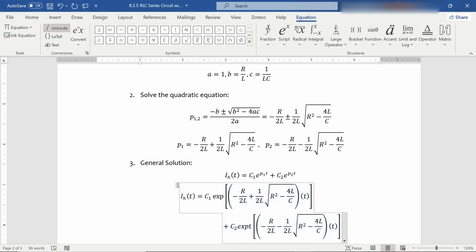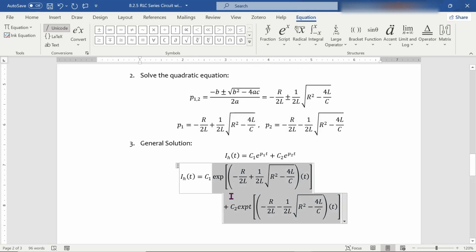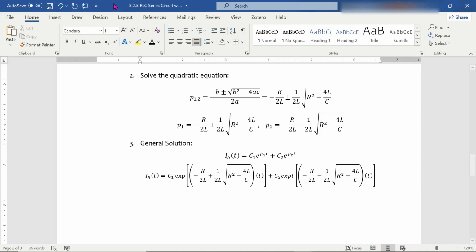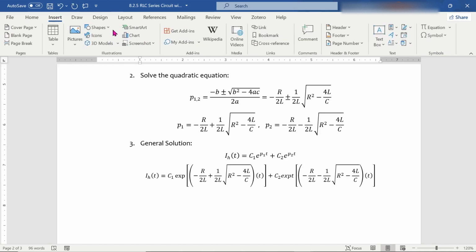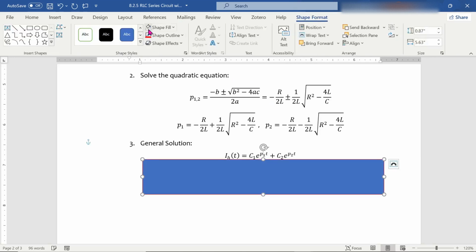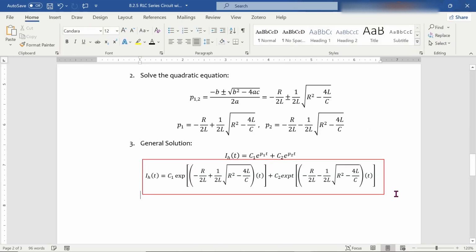So this is now our homogeneous solution, the first part of our solution. Let me just highlight this so that it's easy to come back and look for this inside the box.